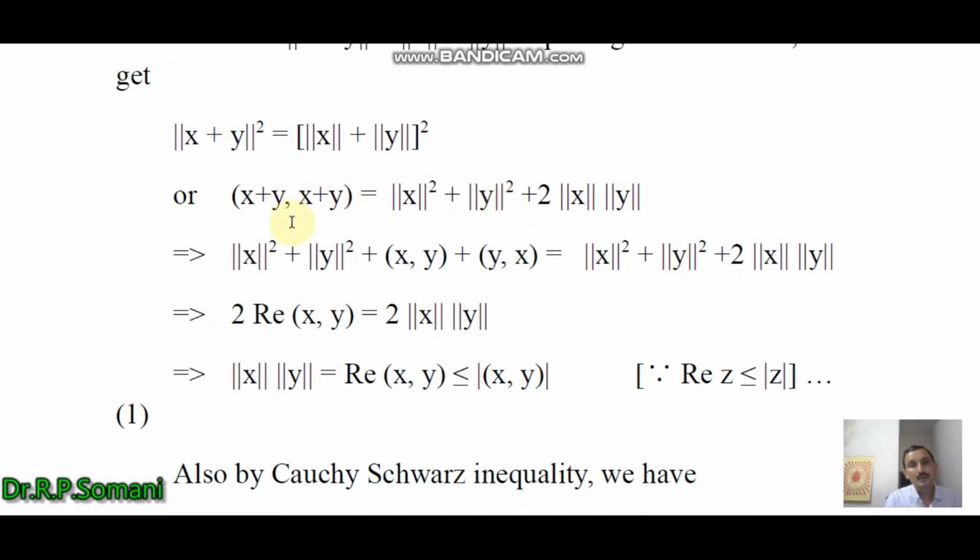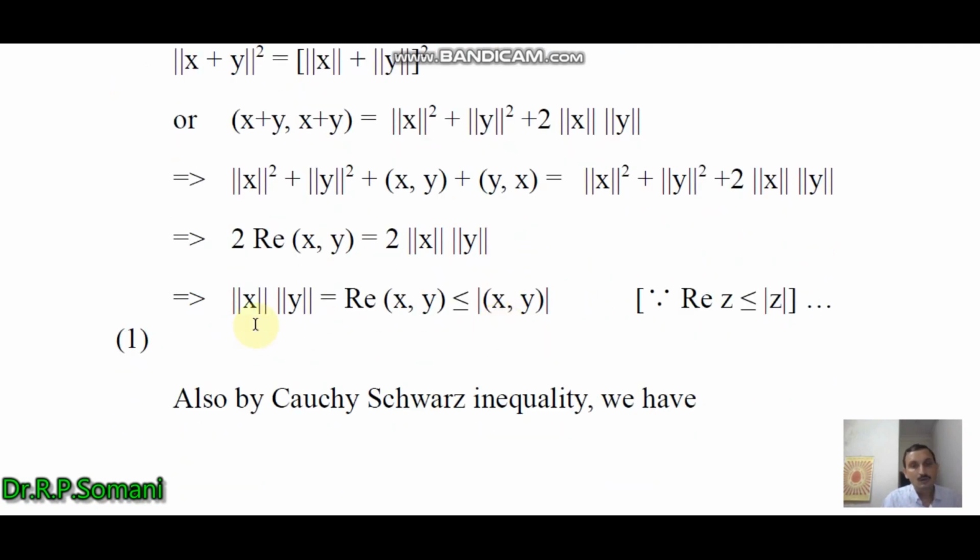Then we open this by the linearity or H3 property. We obtain norm x square plus norm y square plus the inner product of x and y plus the inner product of y and x, equal to norm x square plus norm y square plus twice norm x norm y. Some terms cancel and the remaining terms sum to twice the real part of the inner product of x and y, and on the right side we obtain twice norm x norm y.